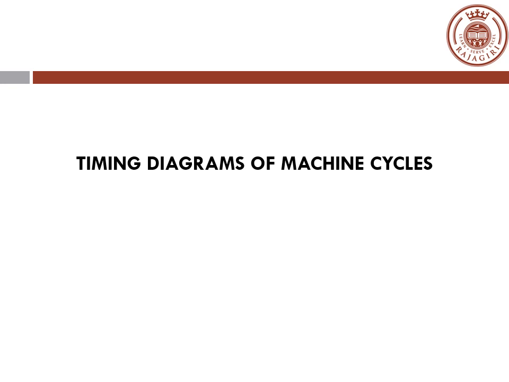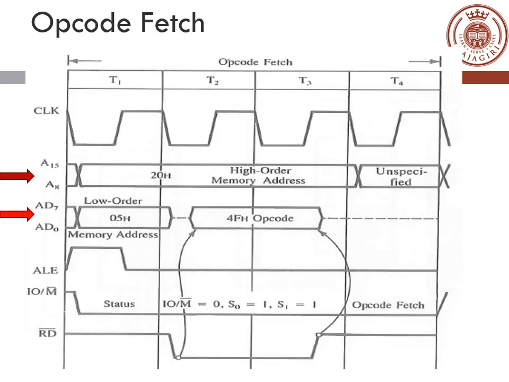So we'll start with the topic, the timing diagrams. Let's take an example machine cycle, the opcode fetch. Opcode fetch is basically a memory read.